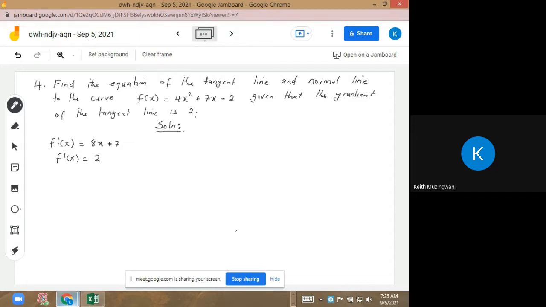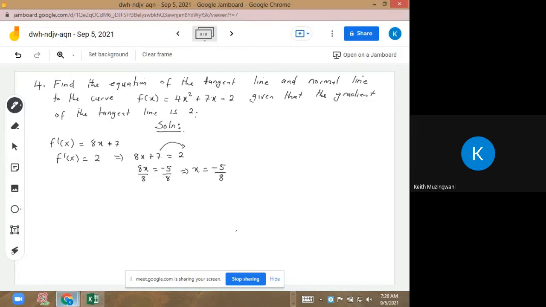This means that 8x plus 7 is equal to 2. So if we take this to the other side, we'll have 8x is equal to 2 minus 7, which is minus 5. If you divide by 8, we're going to have x is equal to negative 5 over 8.